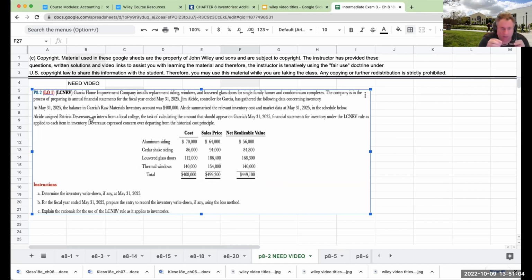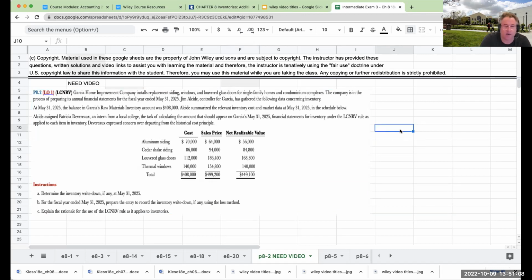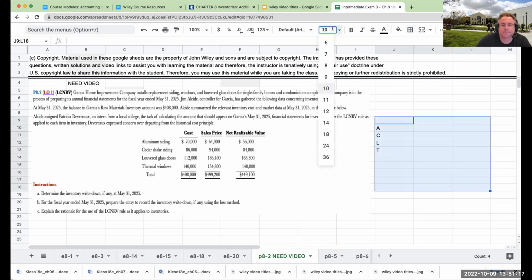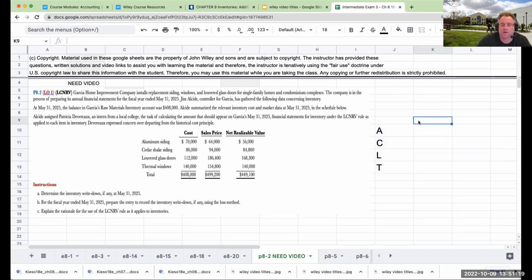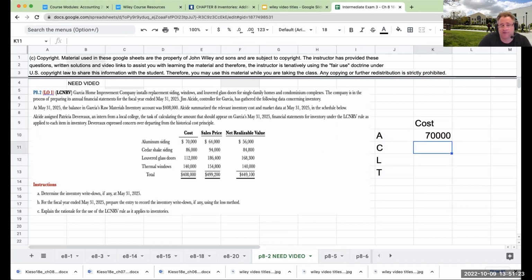The best way to go through and look at this is we've got aluminum siding, cedar shake, louvered, and thermal. My cost is $70,000, $86,000, $112,000, and $140,000.